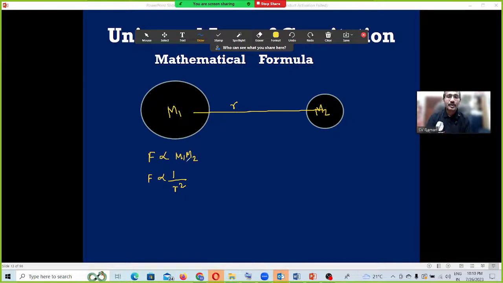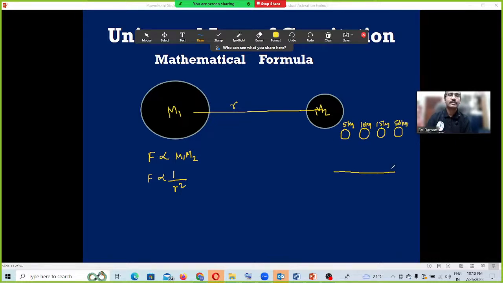Now, how do we believe that if mass increases, gravitational force will increase? Let's take an example. We are standing on Earth. At the same height, you place 5 kilograms, 10 kilograms, 15 kilograms, and 50 kilograms of mass at a time.